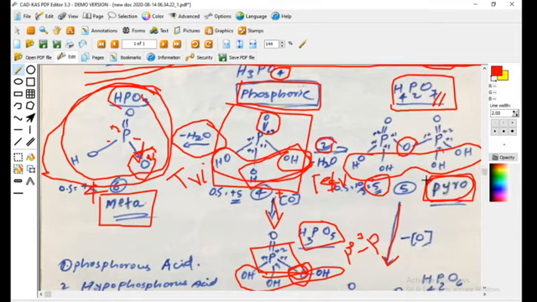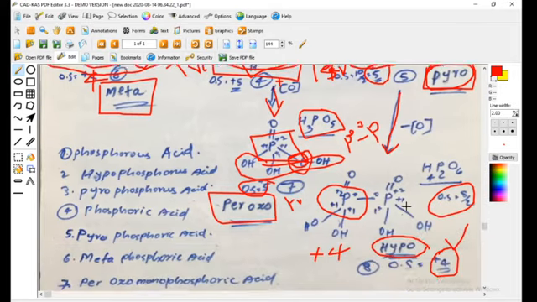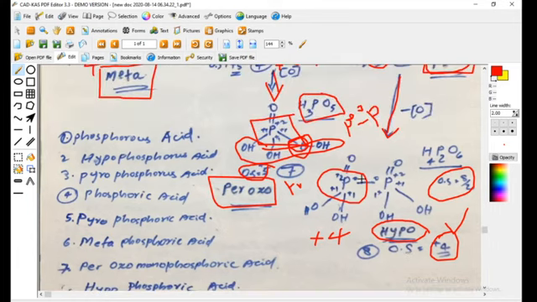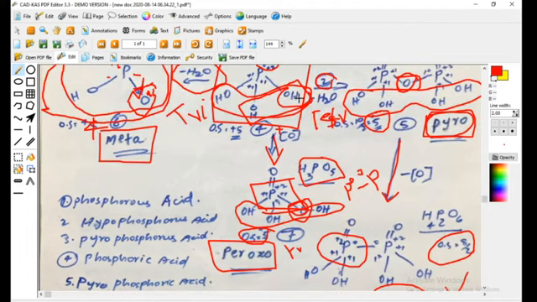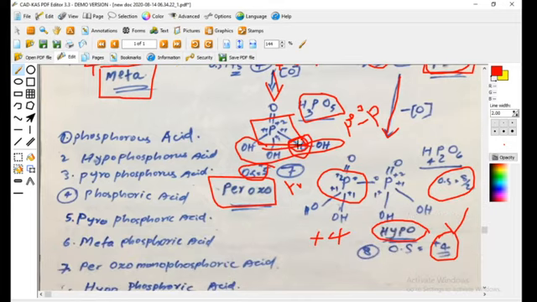And another type is from the pyro, where we eliminate one oxygen between this bond. That structure is hypophosphoric acid. Hypophosphorus and hypophosphoric, don't be confused. And the last one is by the addition of one oxygen atom to phosphoric acid, we get this kind of structure. In between phosphorus and the OH group there will be one oxygen. Its name is peroxophosphoric acid.